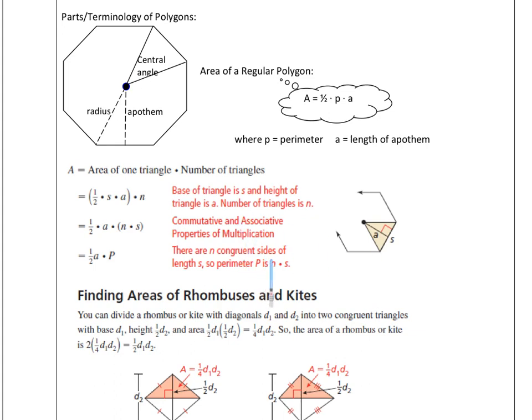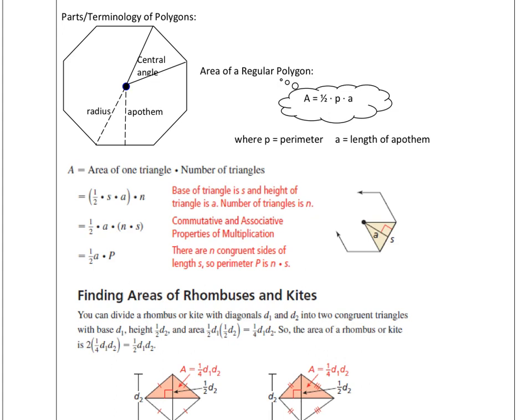Now, the catch is, for this formula to work, you have to have a regular polygon. If it's not a regular polygon, it won't work. Now remember what regular means. Regular means all the sides and all the angles are congruent. So as long as it's a regular polygon, all these sides will be the same, and we can say it's the area of one of the triangles times how many triangles I can make.